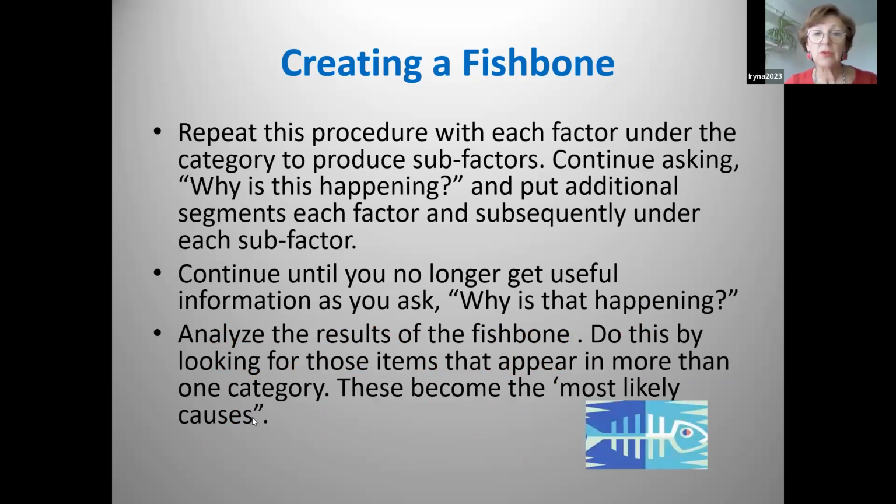So you need to continuously ask yourself, why is this happening? Trying to generate more reasons. And then you look at the fishbone and decide which group of factors you are going to deal with.